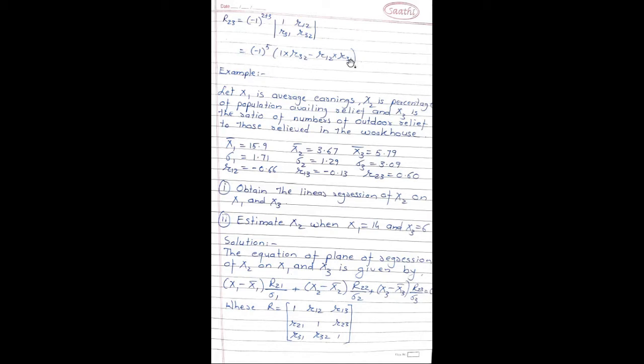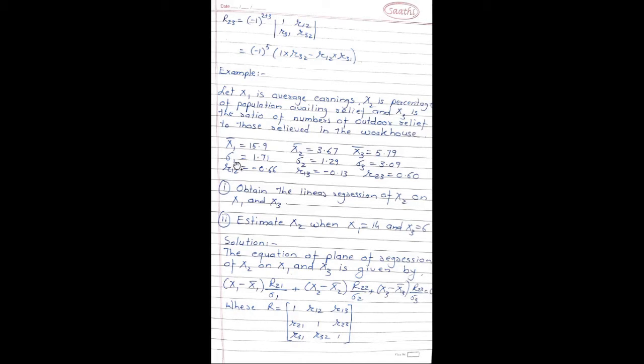See the example. Let X1 be average earnings, X2 be percentage of population availing relief, and X3 be the ratio of numbers of outdoor relief to those relieved in the workhouse.